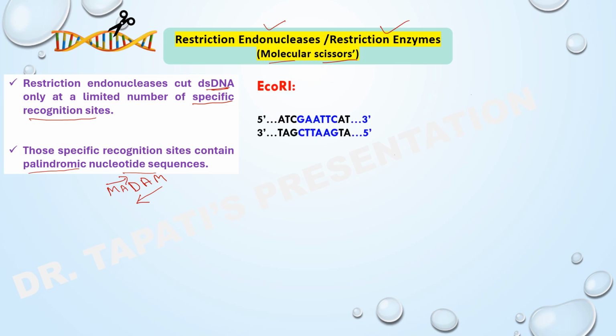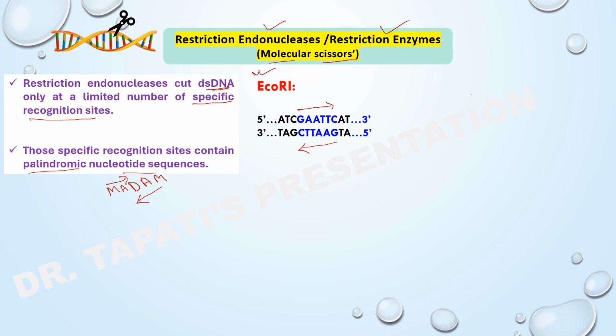Now, I'm going to give you one example of a restriction endonuclease, which is EcoRI. This is a very popular name. This enzyme recognizes the GAATTC sequence. So this is the specific recognition site for EcoRI, GAATTC.